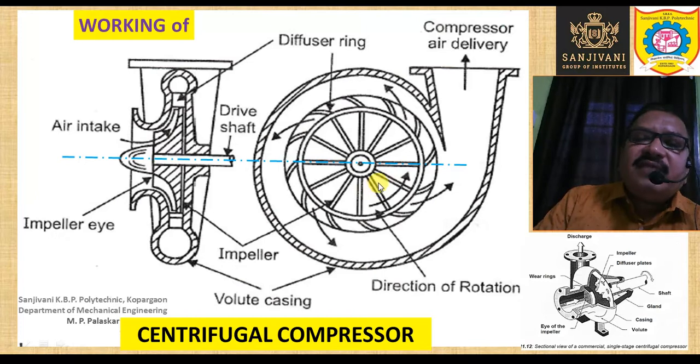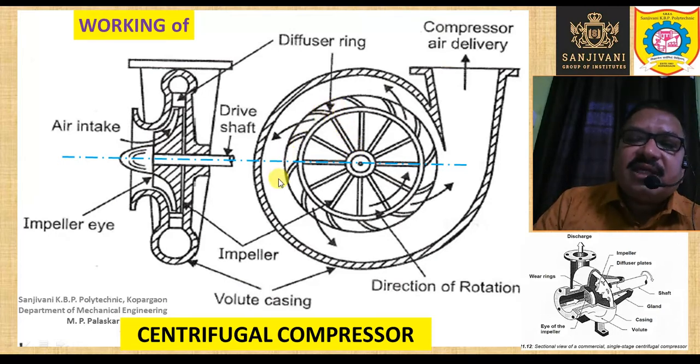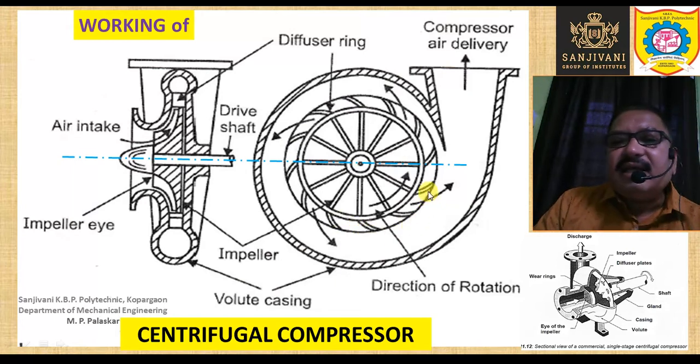Now due to centrifugal force, the air will move in the outward direction away from the center. So from the impeller, the air will move to the diffuser. This is the diffuser ring, right? So in the diffuser, the kinetic energy of the air is further converted into pressure energy.